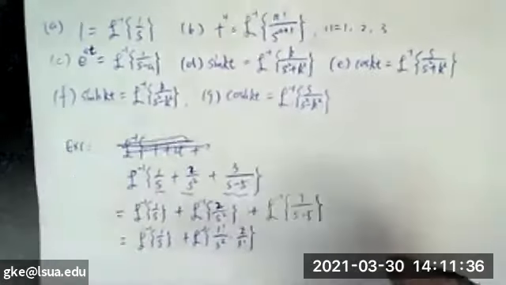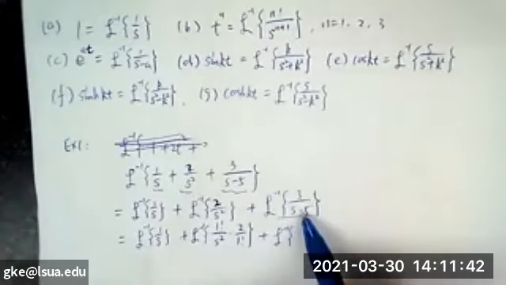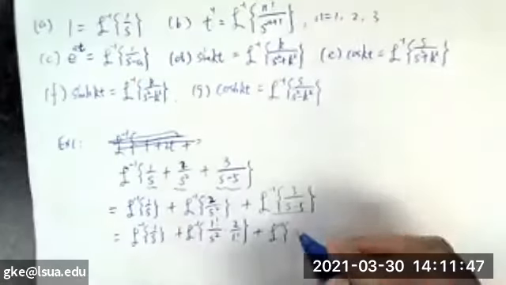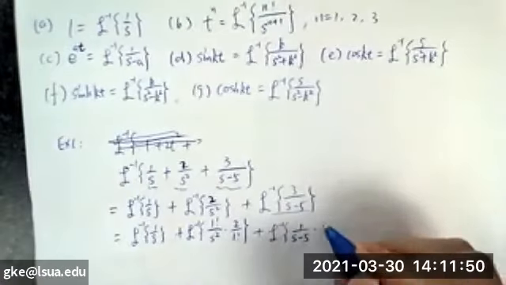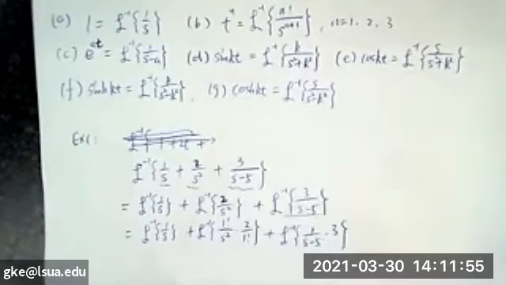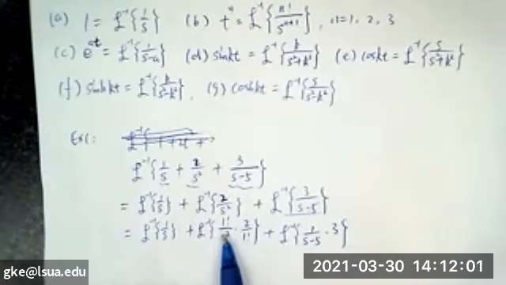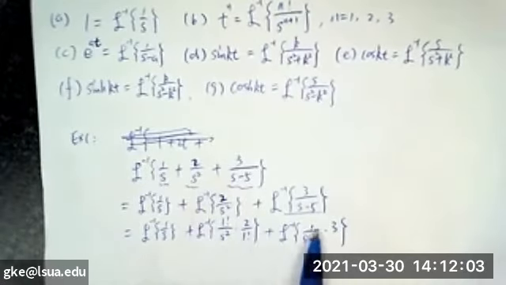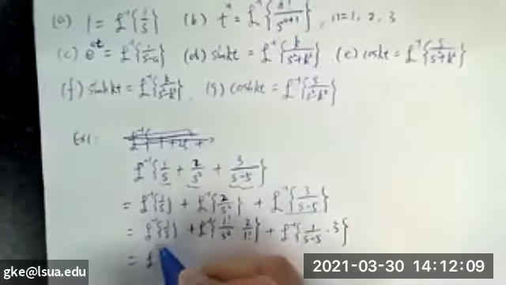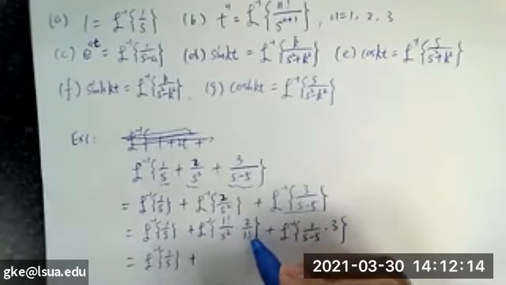And for the third one, s minus 5, that means a equals 5, right? So it should be 3, 3 times 3. Because the numerator should be 1. So for the constant, we can extract the constant out of the inverse transform. So 1 factorial is 1.